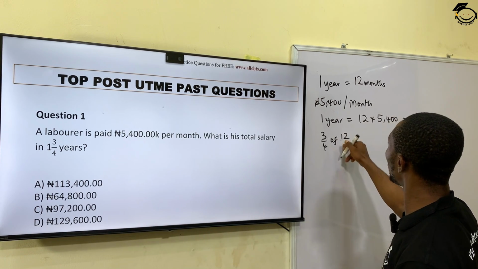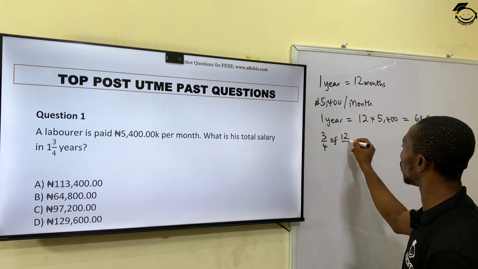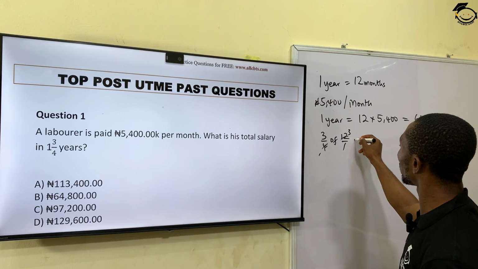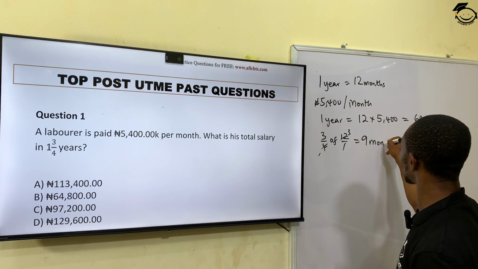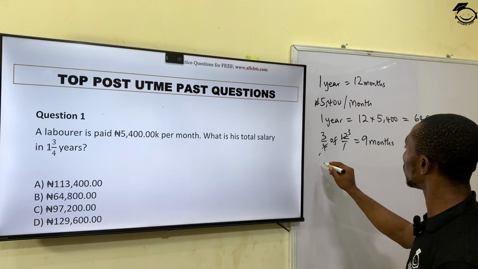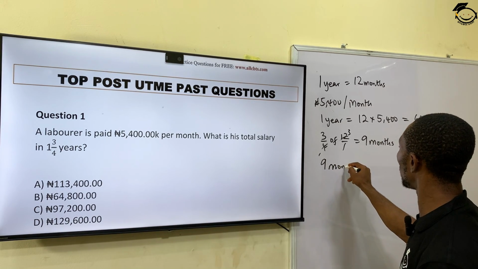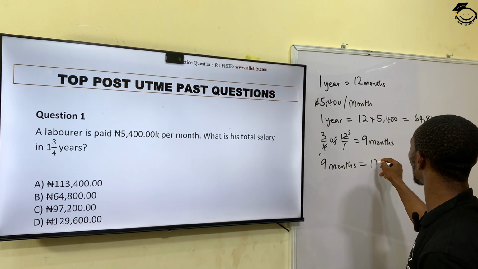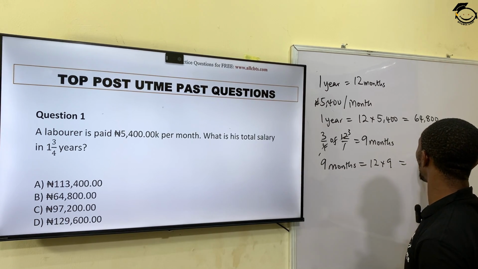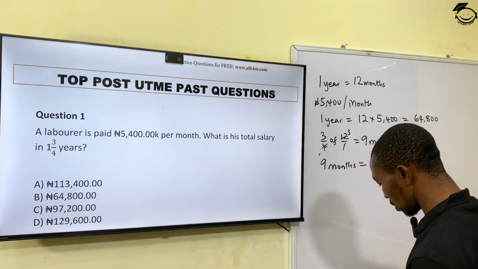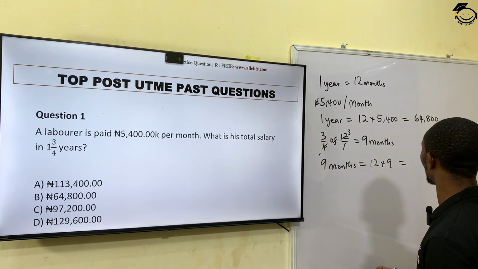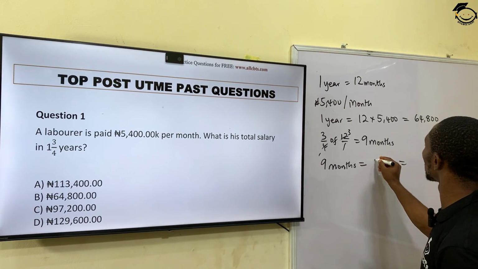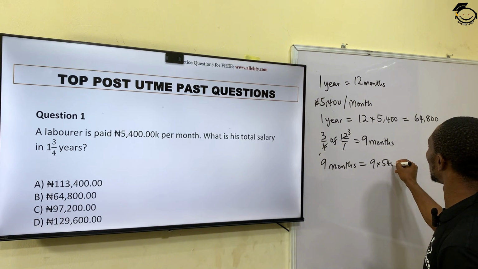All right, since 12 months make a year, 3/4 of 12 would be 3 times 3, 9 months. So for 9 months, his pay will be 9 times 5,400.